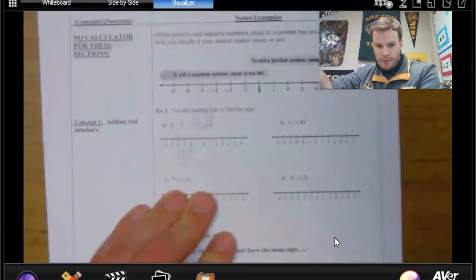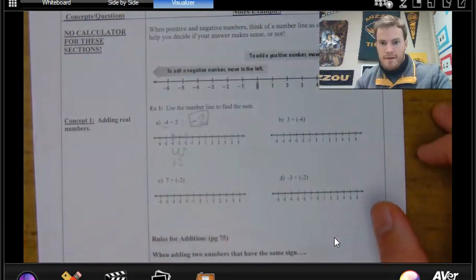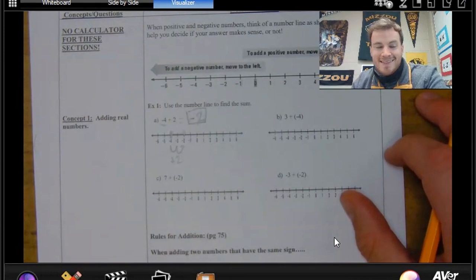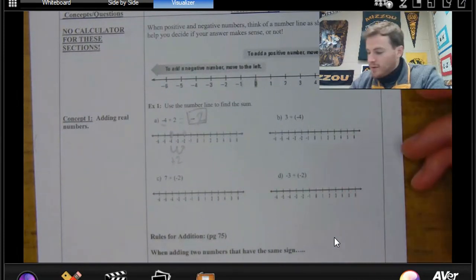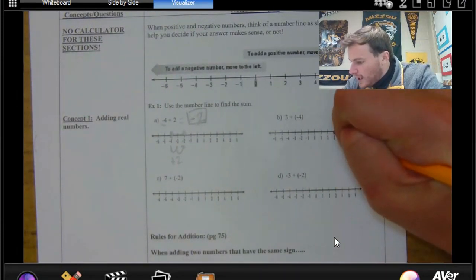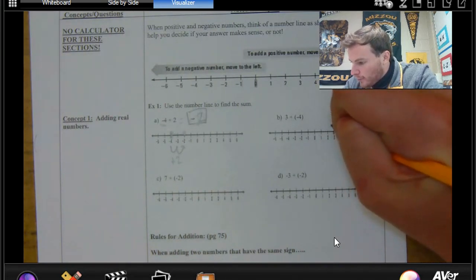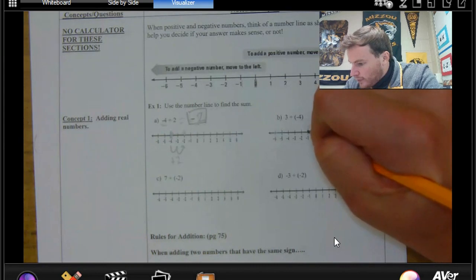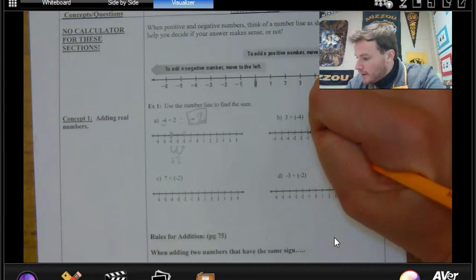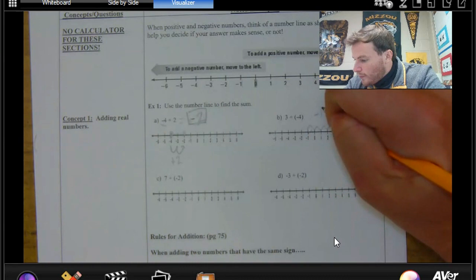I'm going to zoom in a little bit closer so you can see. Next one, 3 plus -4. We start out at 3, and we add -4, so we go back 4: 1, 2, 3, 4. Where do we end up? We end up at -1.